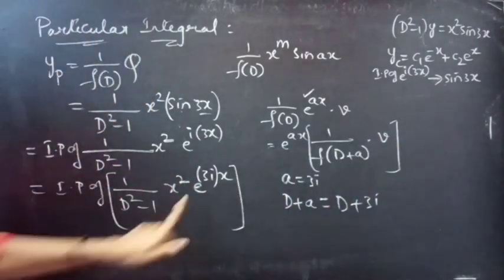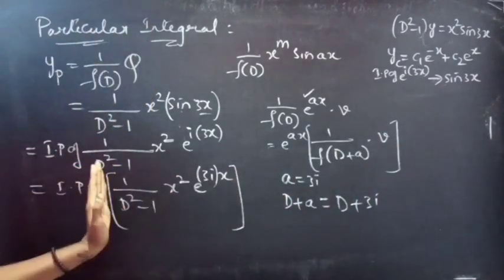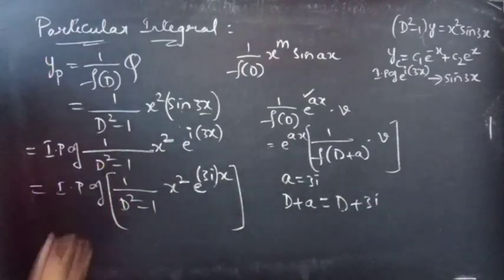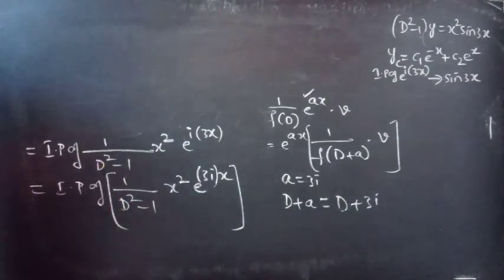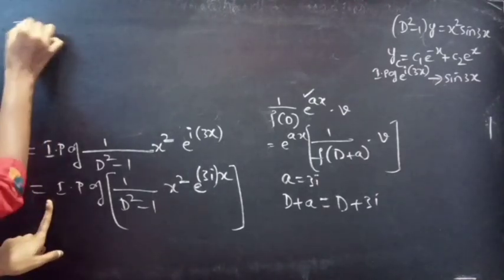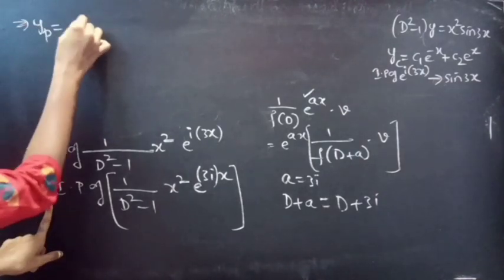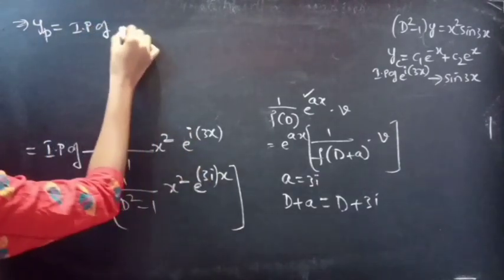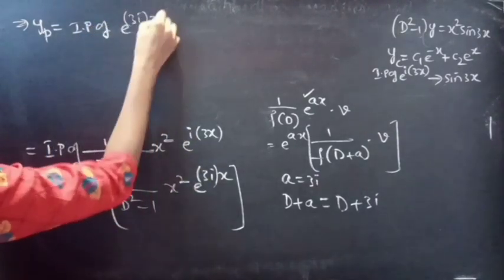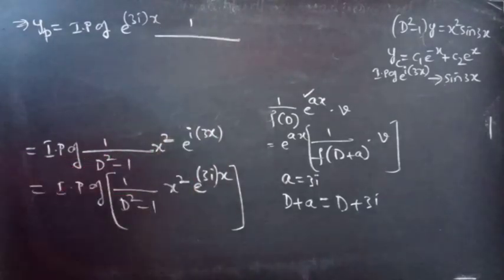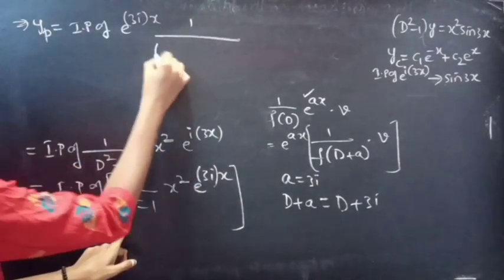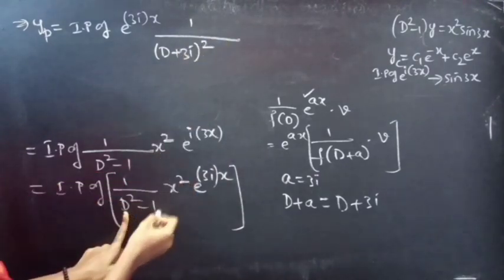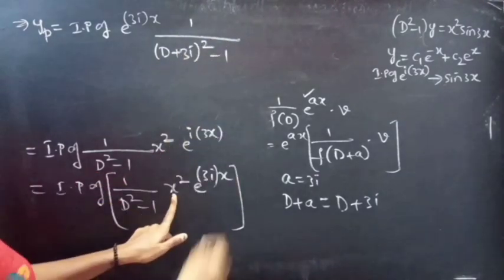We'll shift e power 3ix here by replacing this D with D plus 3i. This becomes imaginary part of e power 3ix into 1 by, replace D with D plus 3i, you'll get (D plus 3i) whole square minus 1 into V x square.